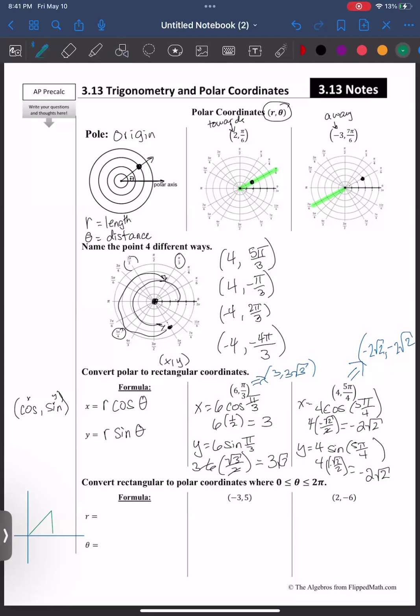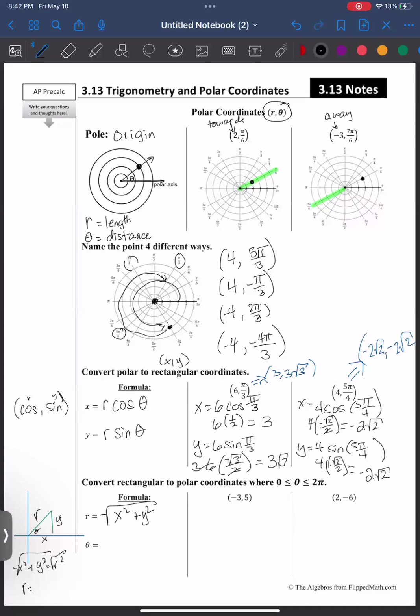Well, I have my radius here, my theta, my y, and my x, and I can say that x squared plus y squared equals the radius squared. So once again, I'm just using that Pythagorean theorem. So when I have the Pythagorean theorem worked out, by square rooting both sides, I can say that r is equal to the square root of x squared plus y squared.